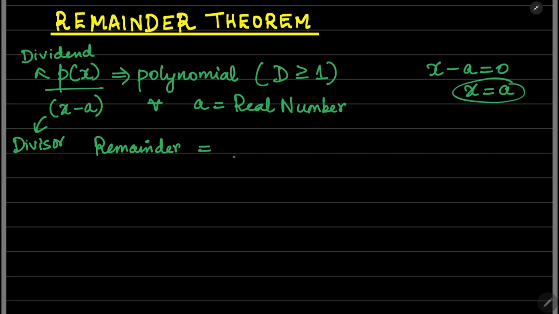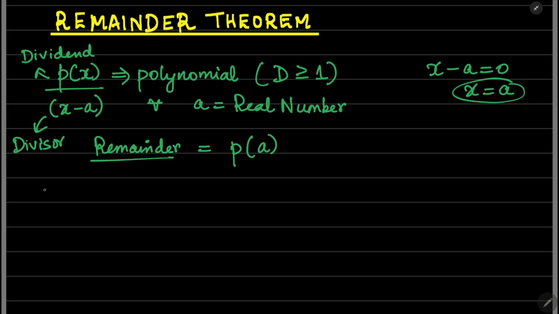Now when you substitute a in place of x in your polynomial p of x, it becomes p of a. And this value that you get, p of a, is the remainder of the division. So when you divide p of x by x minus a, your remainder will be the value of the polynomial, that is p of a.